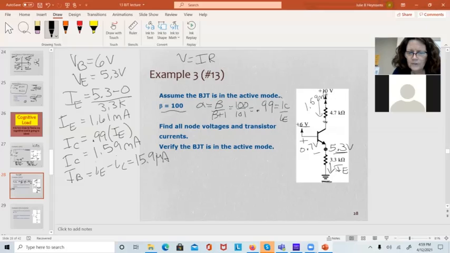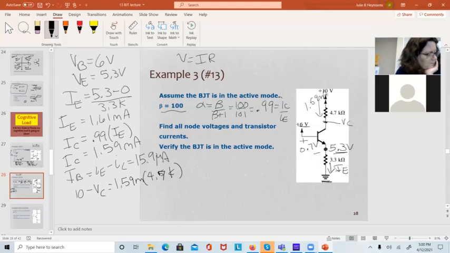Then the voltage at the collector right here, we can go back to Ohm's law again. 10 minus VC is going to be, V equals IR, 1.59 milliamps times 4.7K. And we can solve that for VC.